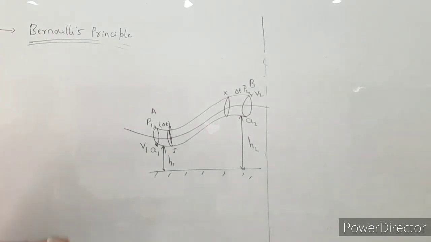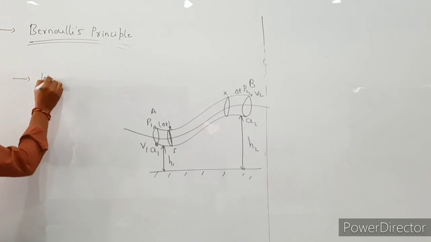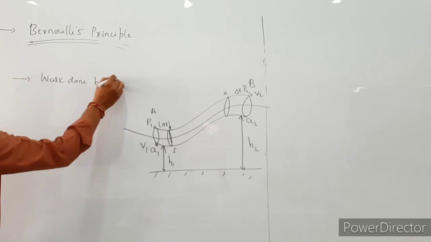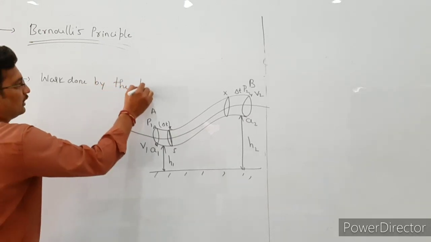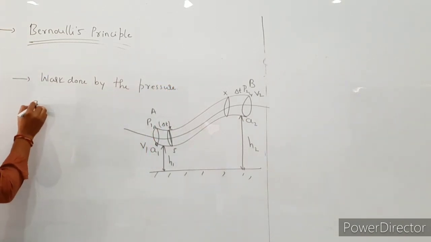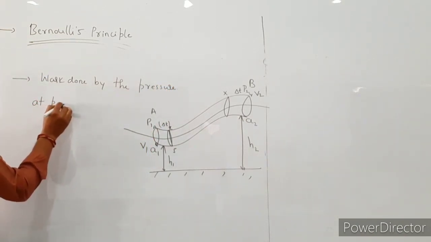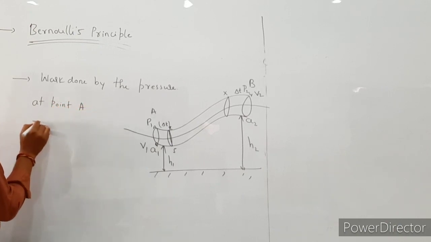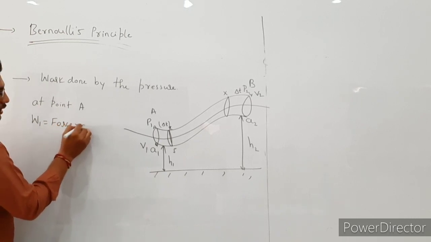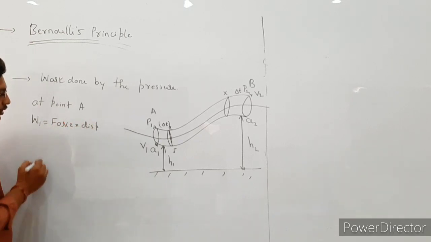Then first we are going to find out the work done by the pressure at point A. Here we will consider W1, which is equal to force into displacement.